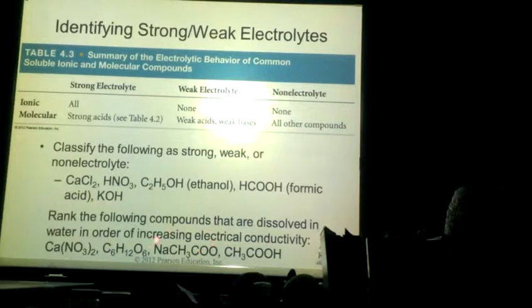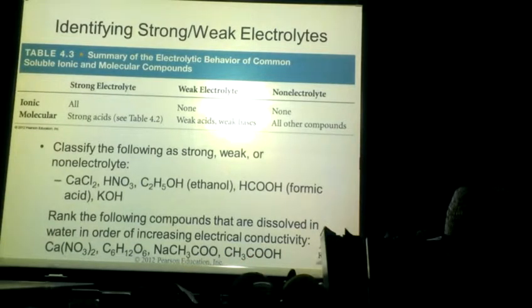Okay, so here's an ionic compound, here's an ionic compound, so strong, strong, and then I have this weak acid, which would probably be a weak electrolyte then, yes? So if I want to rank these, glucose would go first, so I would go from C6H12O6 to acetic acid, because that is a weak acid, so it's a weak electrolyte.